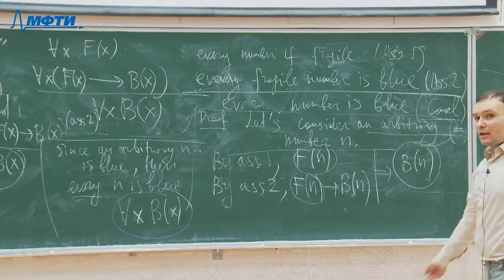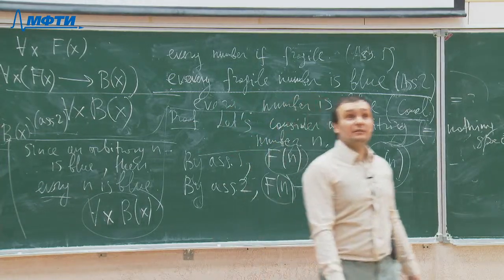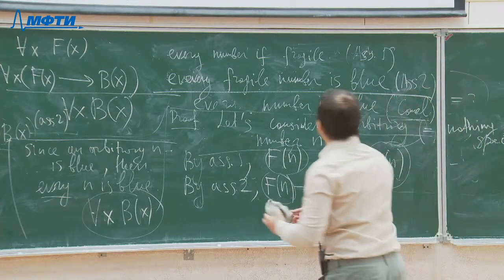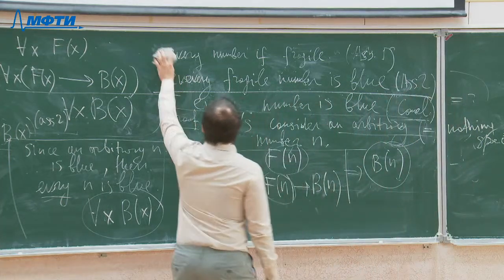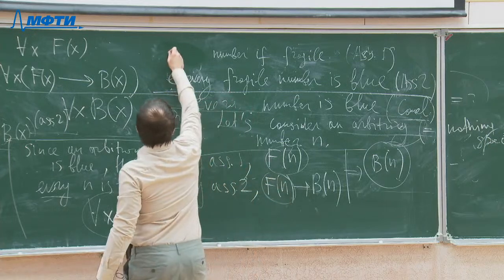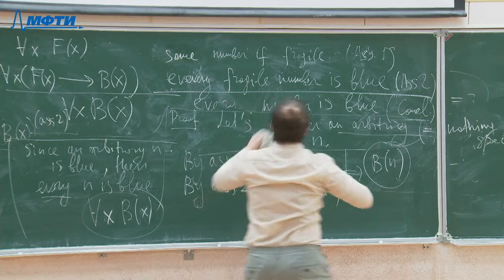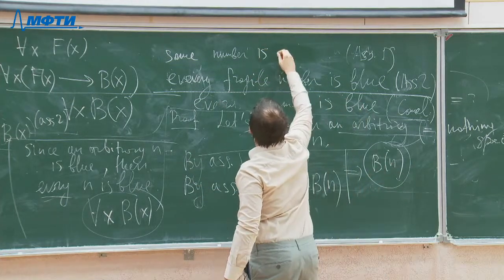Okay. This was a correct, valid argument. And now, let's consider an invalid one. Something like that. Some number is blue.